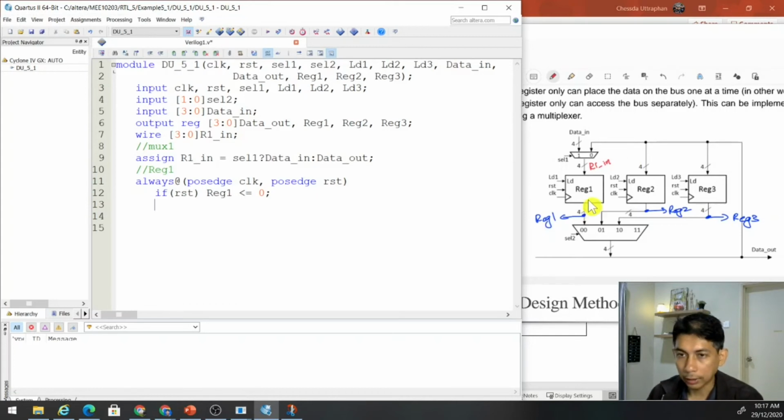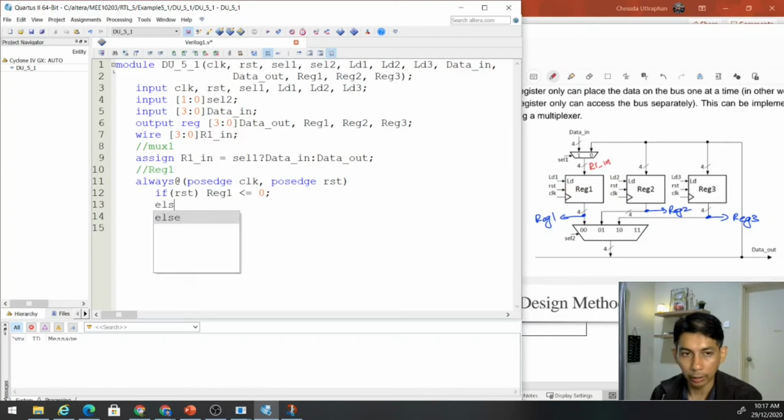But if not reset, we will read the data from the outside here, R1 in, into the register, but it depends on this LD1 signal, right? If LD1 signal equals 1, then the data here will go to the register.